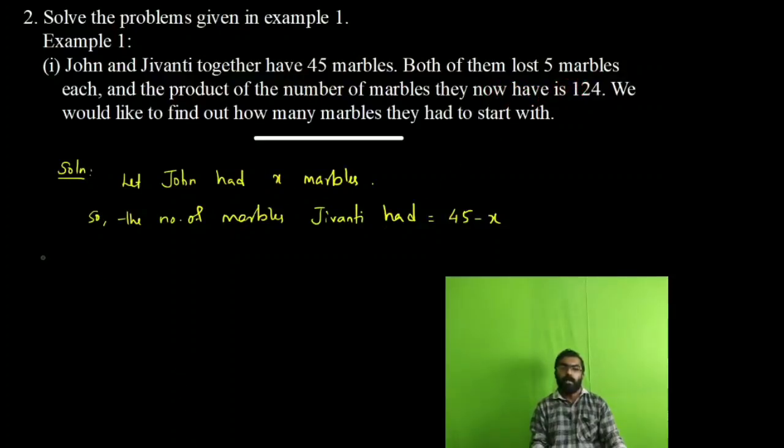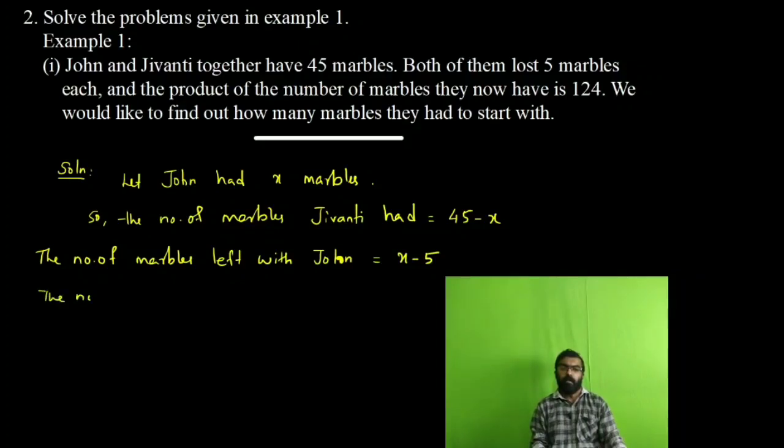So what we can write? The number of marbles left with John after losing 5 marbles will be equal to x minus 5.